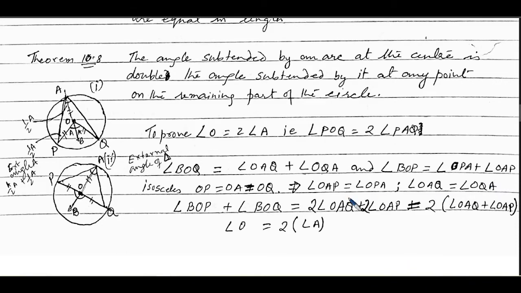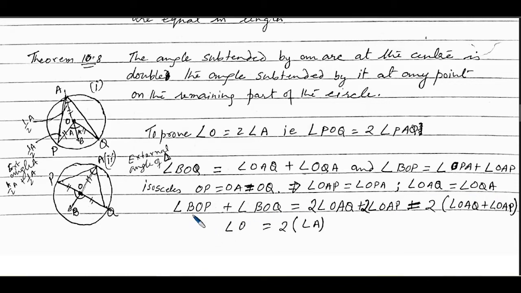This is what I have written here, and since OP is equal to OA is equal to OQ, this implies angle OAP is equal to OPA, and OAQ is equal to OQA because it's an isosceles triangle.